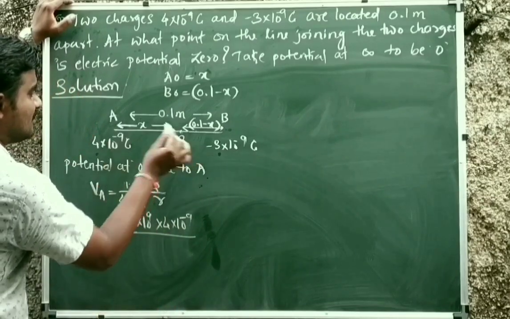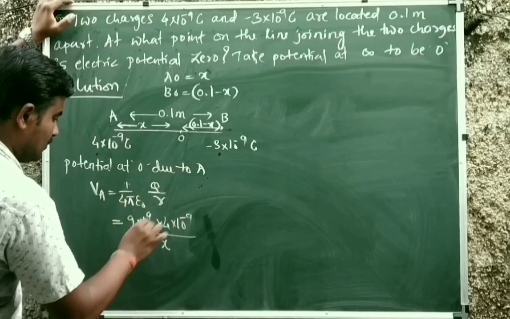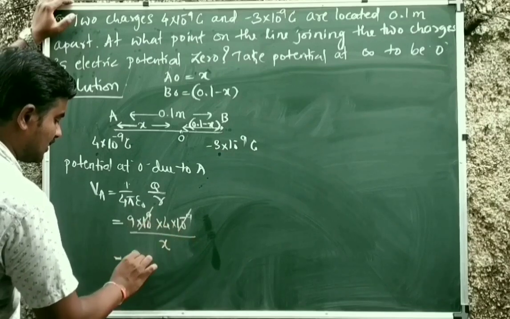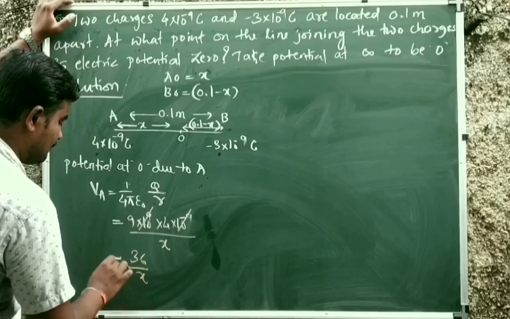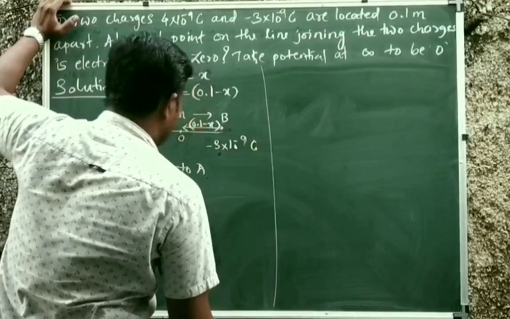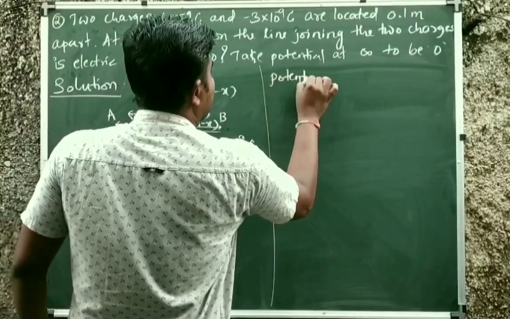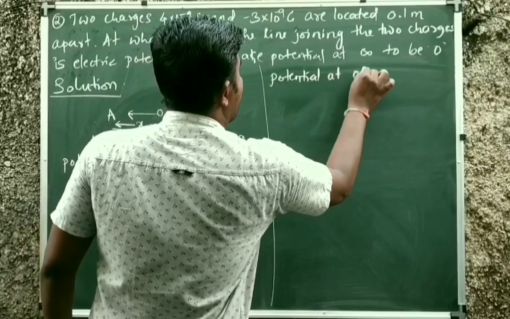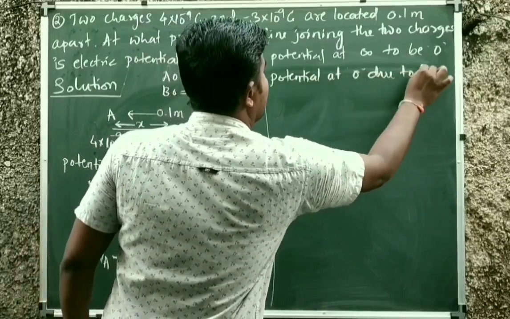R distance means this distance, it is x. So 9 is cancel, 9 4s are 36 divided by x. This is VA.